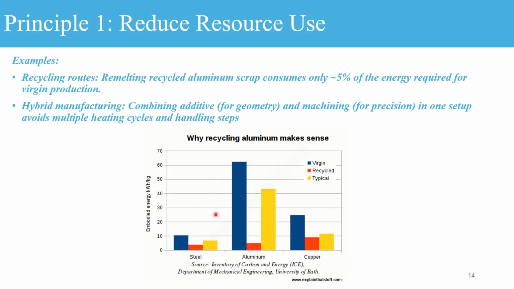But especially for aluminum, you can see that the embodied energy is more than 63 kilowatt hours per kilogram for the virgin aluminum. But then if you switch that to recycled aluminum, you only have to spend around 5 kilowatt hours per kilogram of the aluminum. That is why using materials like that can help with reducing the energy during the production.